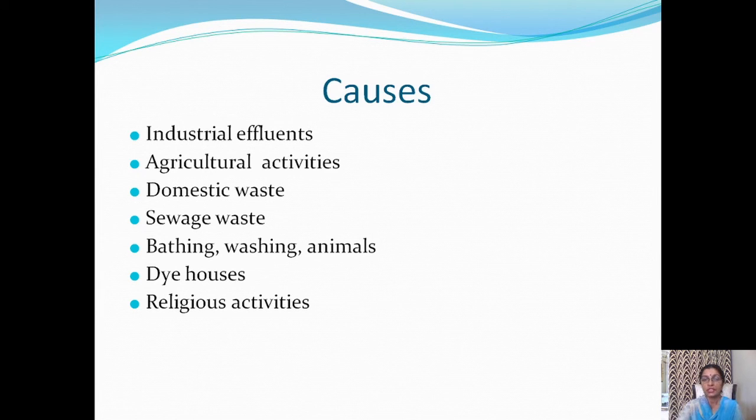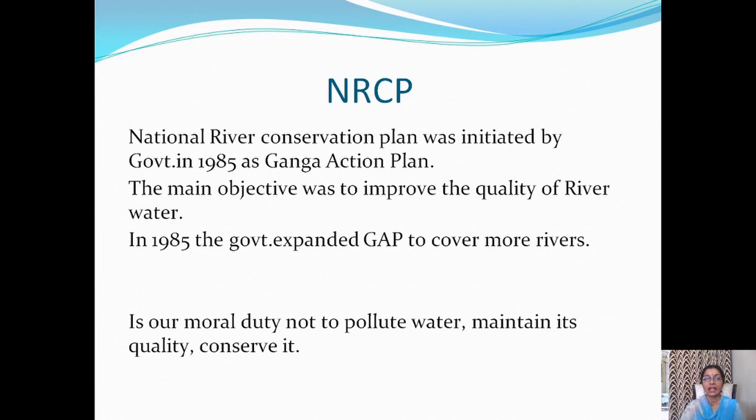To overcome this problem, NRCP was initiated by the government in 1985 as the Ganga Action Plan, the National River Conservation Plan. The main objective was to improve the quality of water, to keep the water clean. In 1995, the government expanded the Ganga Action Plan to cover more rivers.